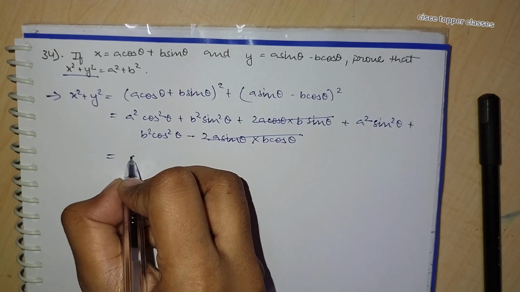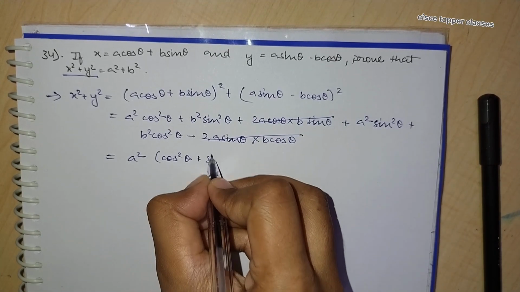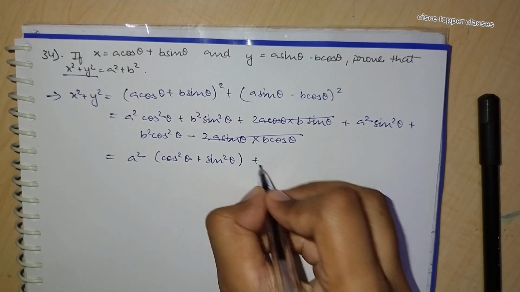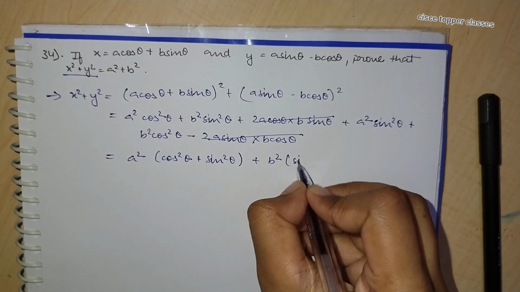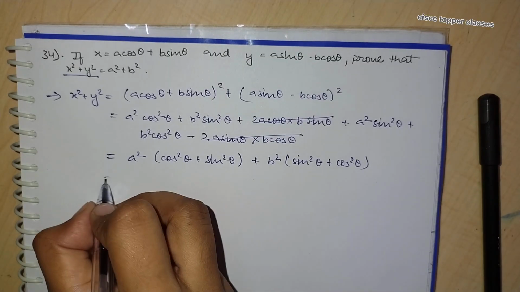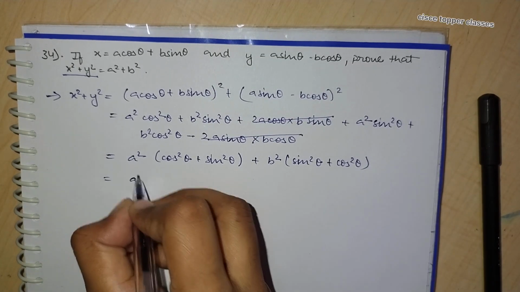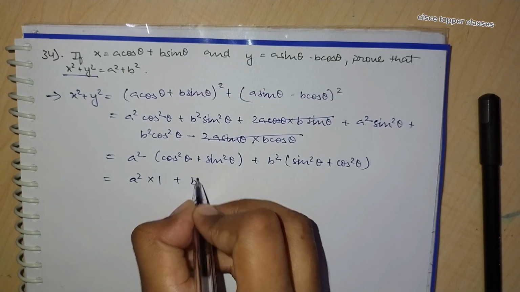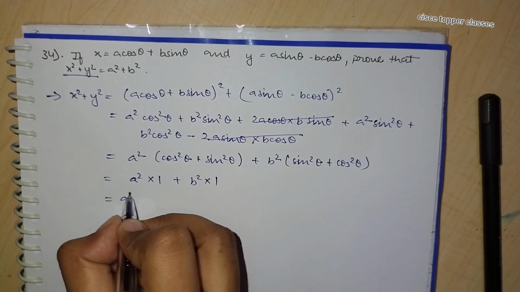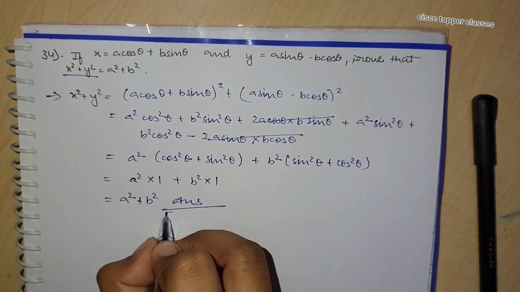So here on taking a square common, this will be cos square theta plus sin square theta, and on taking b square common, this will be sin square theta plus cos square theta. Because the value of cos square theta plus sin square theta is 1, I'll put here a square into 1 plus b square into 1. So the final solution is a square plus b square, which we have to prove in this question, hence proved from here.